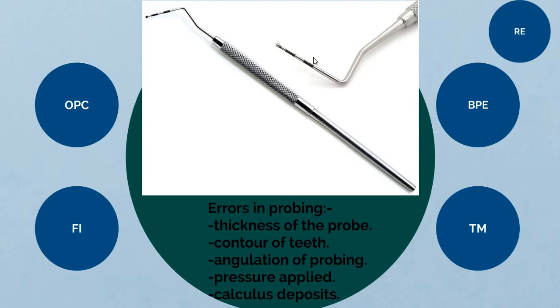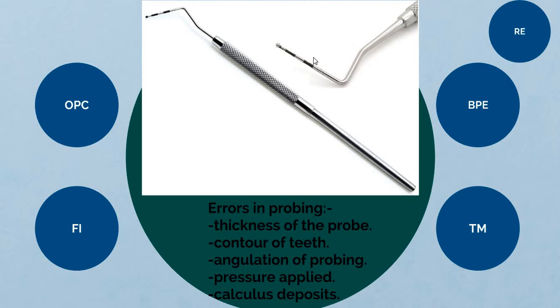The probing should be undertaken systematically on each tooth to determine the probing depth or the presence of bleeding or the extent of attachment loss. So the probing is important.